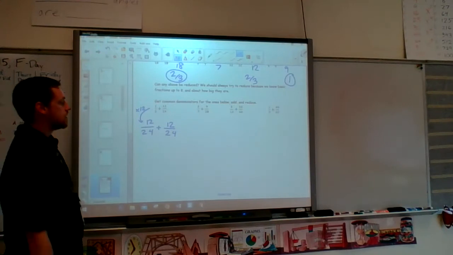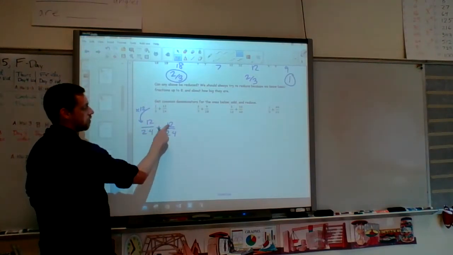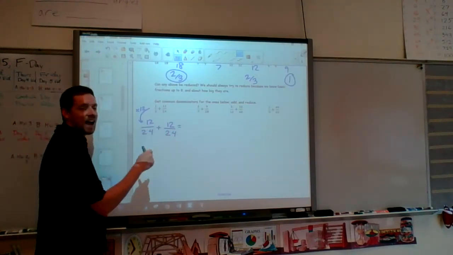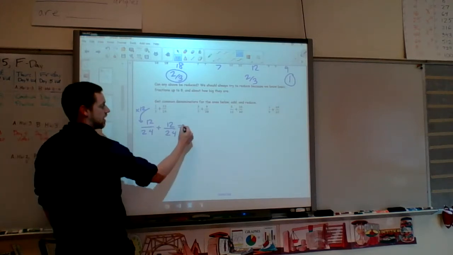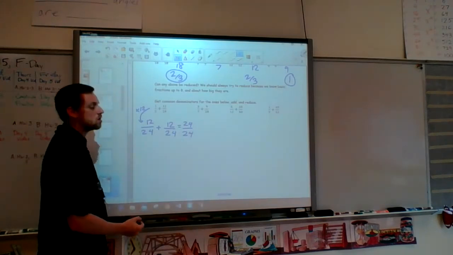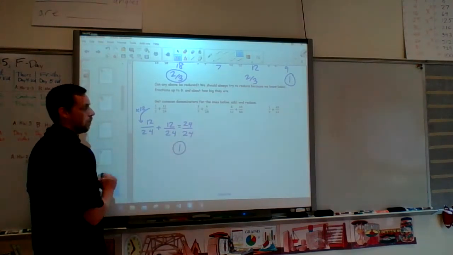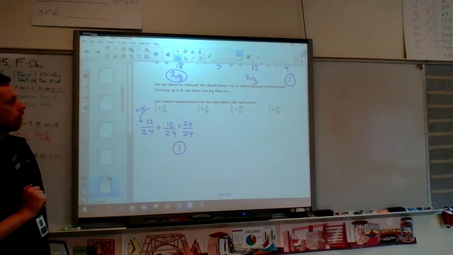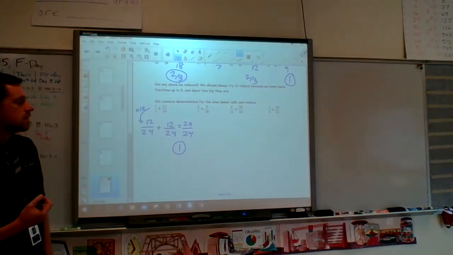So if I go to add these, 12 over 24 plus 12 over 24, add the tops but keep the bottoms the same, I get 24 over 24, which reduces to 1. Okay, so we want to get our denominators to be the same.